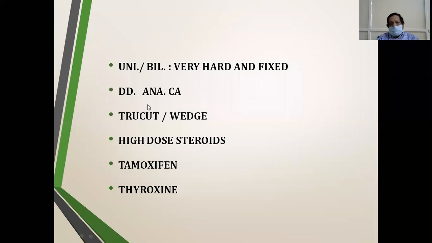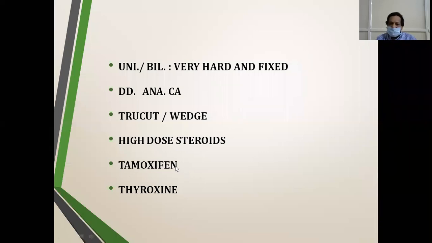Here, a true cut or wedge biopsy of the thyroid may be done. You know the role of true cut, wedge biopsy, incisional biopsy and frozen section in thyroid disorders. High dose steroids may be given, and tamoxifen.